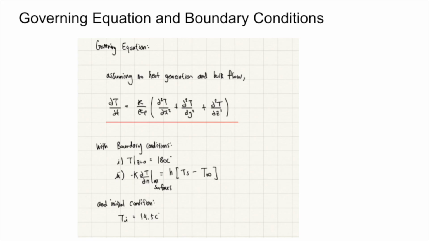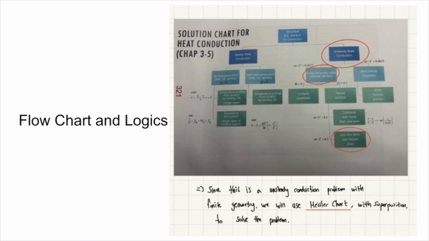For this problem, we assumed no heat generation and no bulk flow, resulting in the time term and the three-dimensional terms. We also pasted in the flow chart from the back of the book, and we decided that we'll be using an unsteady conduction problem with finite geometry and one-term Heisler chart using superposition for two-dimensional and three-dimensional analysis.